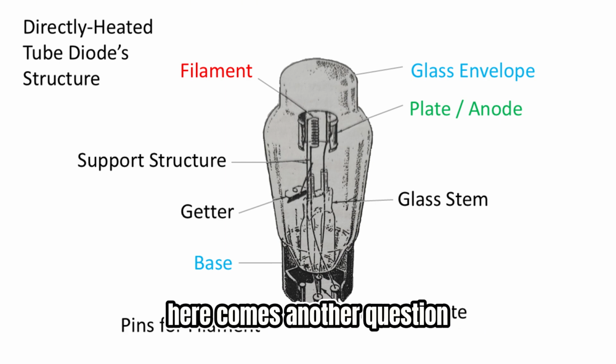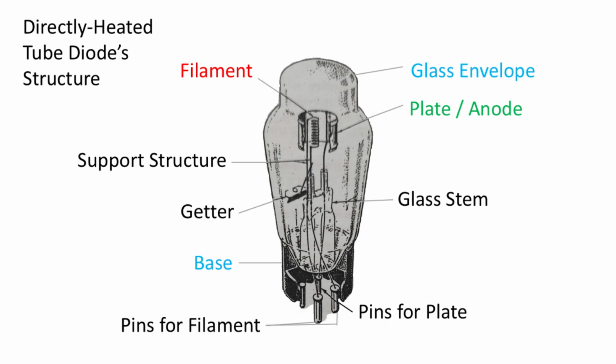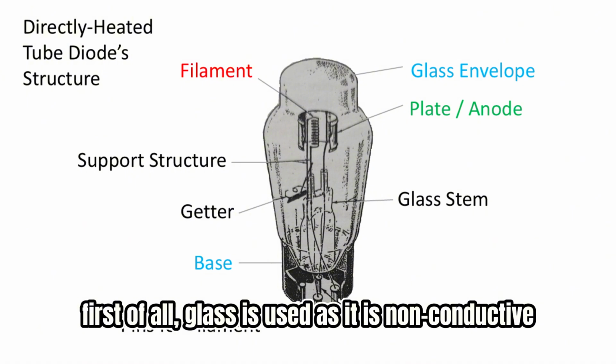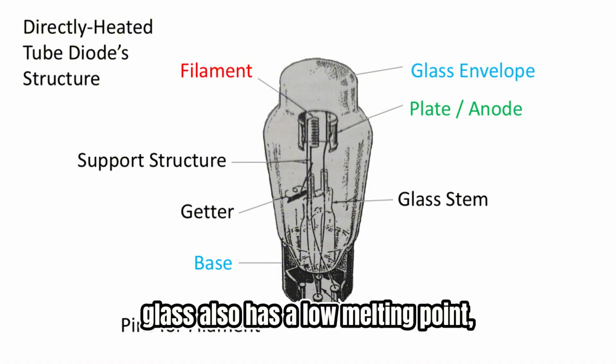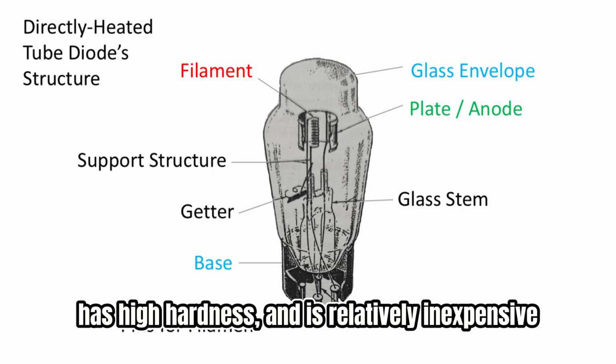Here comes another question. Why do we usually use glass as its envelope? First of all, glass is used as it is non-conductive. Glass also has a low melting point, so it is easy to process, has high hardness, and is relatively inexpensive.